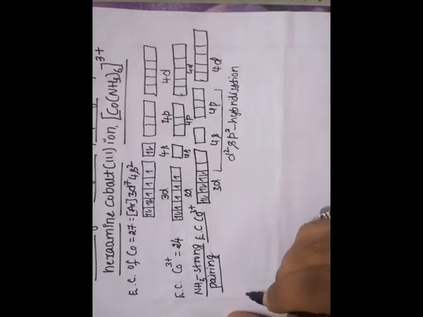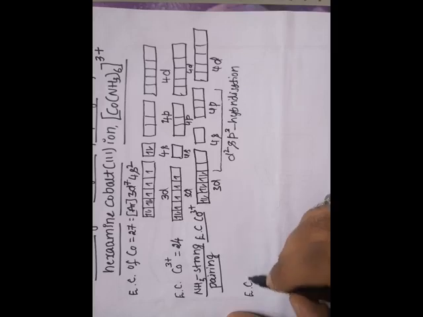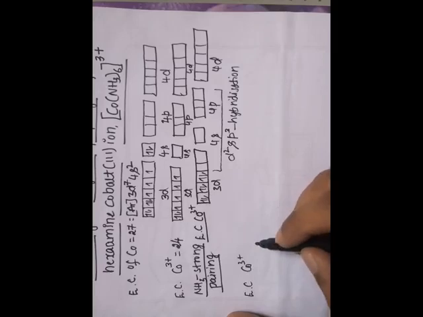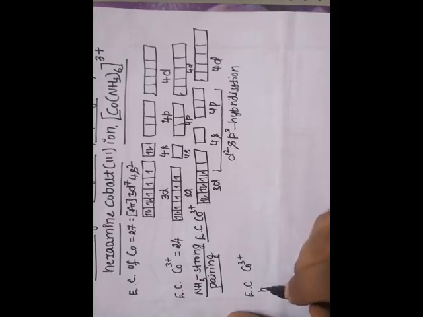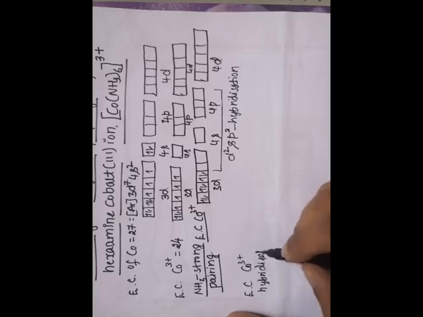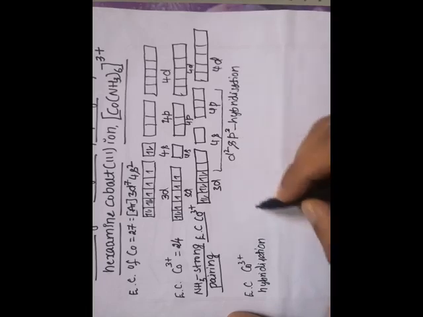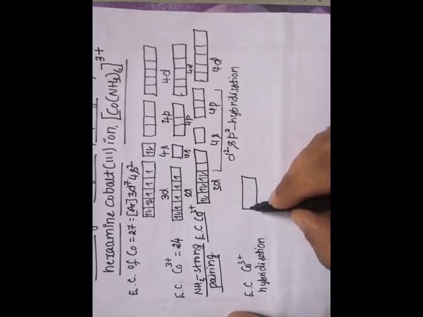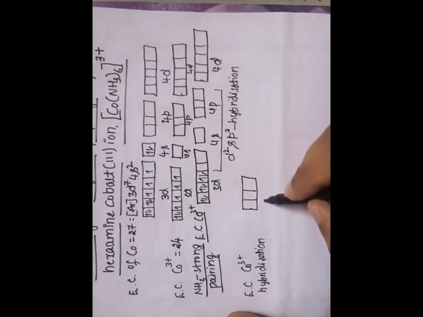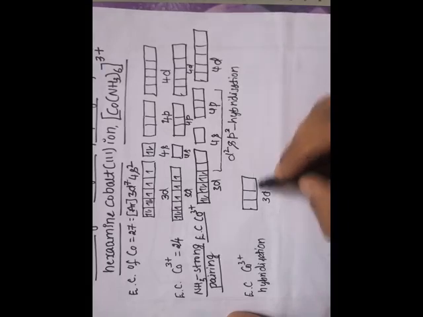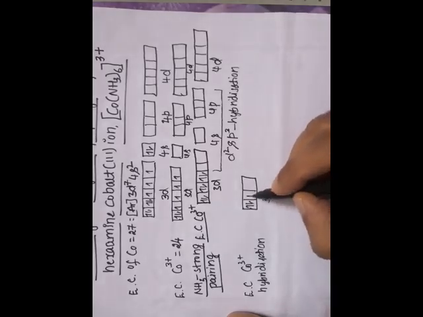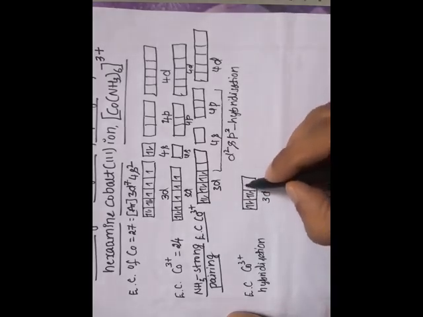Now let us write the electronic configuration of the cobalt 3+ ion after the hybridization. In the 3d orbital, these 3 orbitals already contain 3 pairs of electrons.